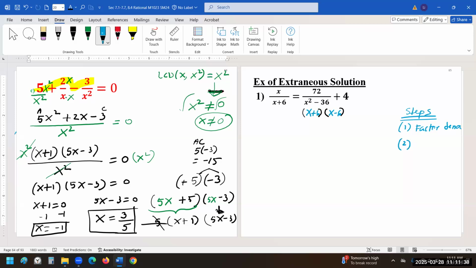What do you think our second step is? I don't want to get rid of the denominator. If I want to do the same thing as what we did in the last two examples, what do you think would be our second step? Before even going for LCD, we did something.